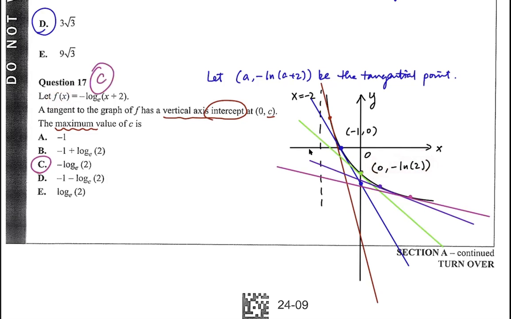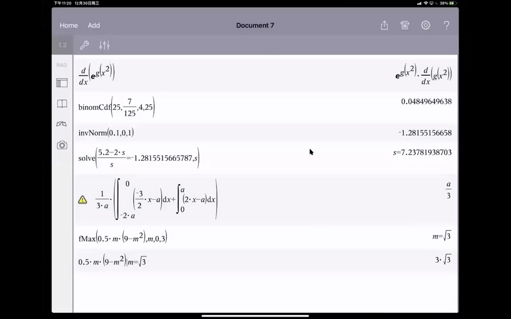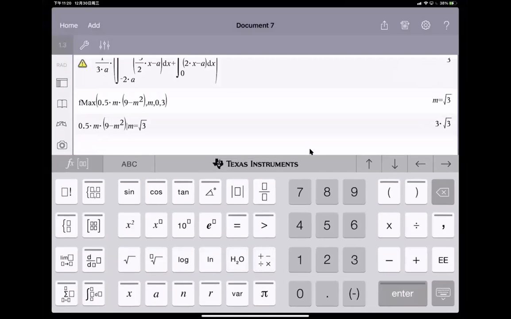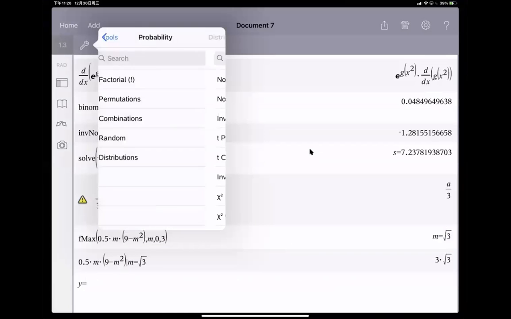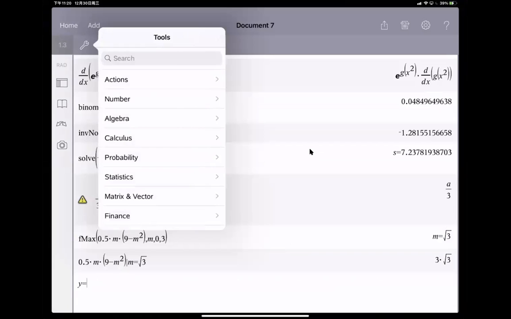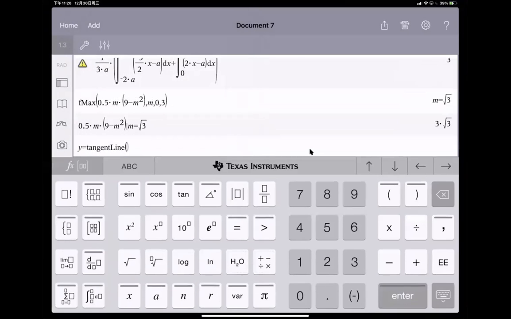But how do I prove that in a calculus sense? Let's use our magic friend, whatever CAS calculator you have. We have already decided at x equals a, an arbitrary value a, where a is greater than minus 2, we can find the equation of tangent. So let's do this. Y equals to menu 49 on TI-Nspire, calculus tangent line.